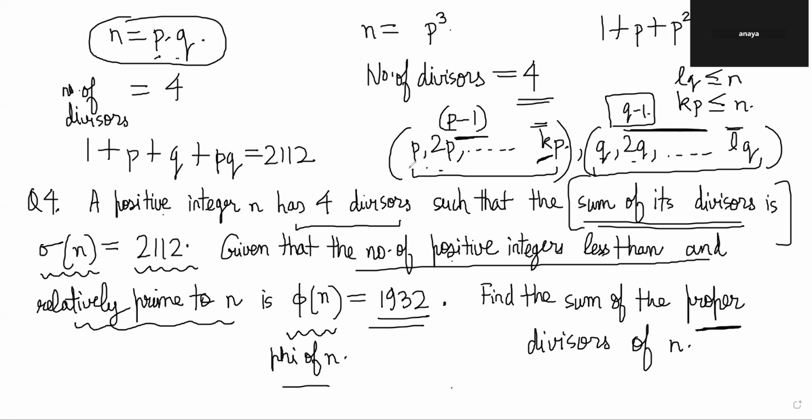You can have numbers like p into 2q and things like that, right? So basically, you can say that there are p minus 1 into q minus 1 possible ways to combine any of this with any of this. These are the numbers that are relatively prime to n, minus 1932.